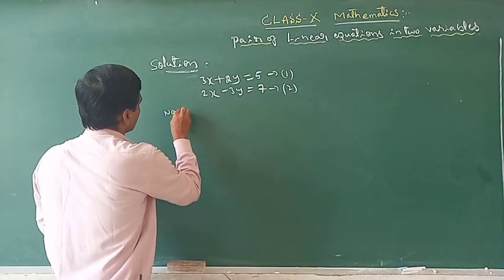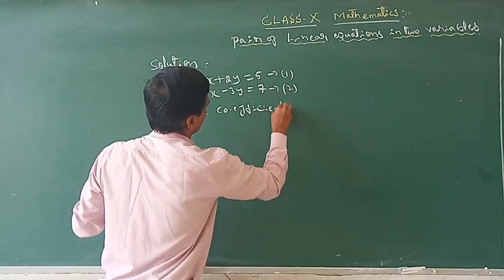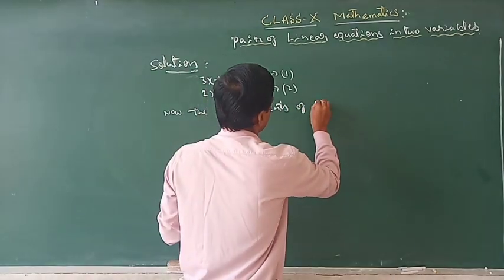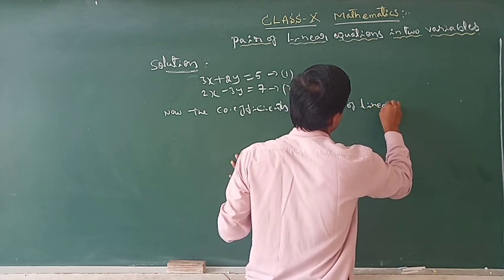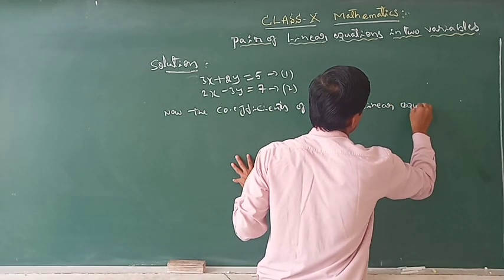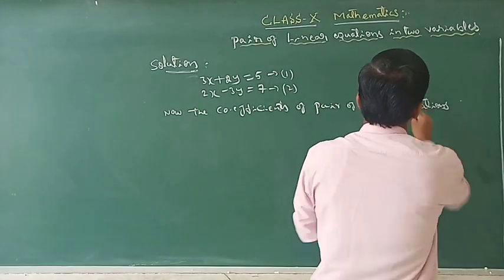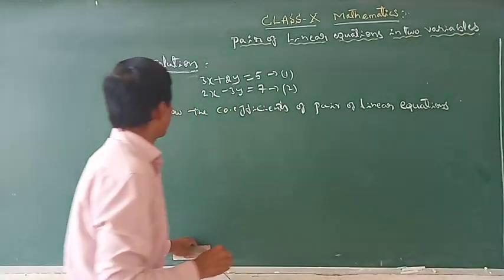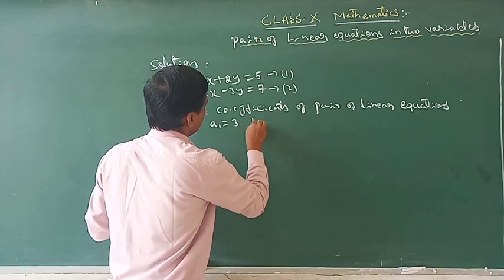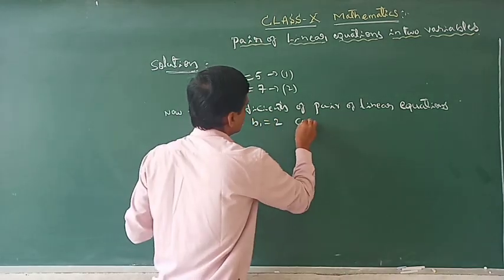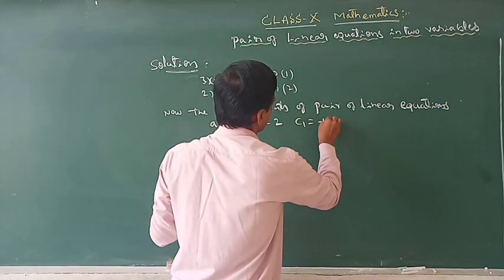Now consider the coefficients of the pair of linear equations. For the first equation, call them a1, b1, c1. Here a1 is equal to 3, b1 is equal to 2. Consider the sign also: c1 is equal to minus 5, because if you take it to this side, it becomes minus 5.